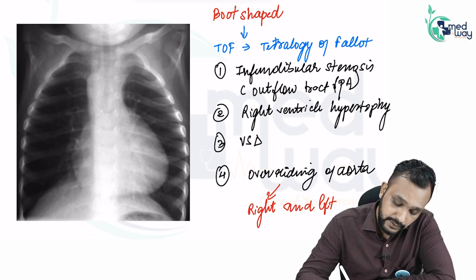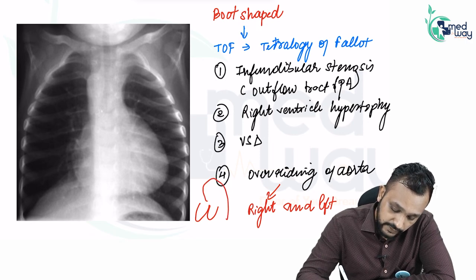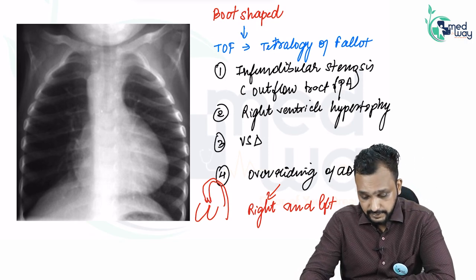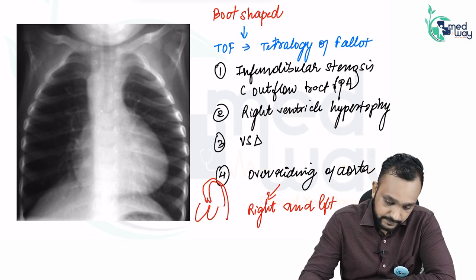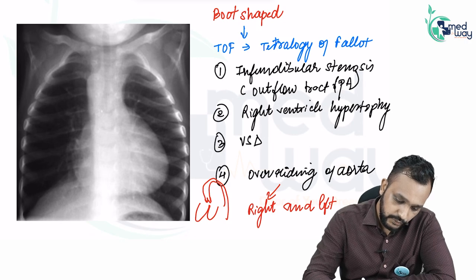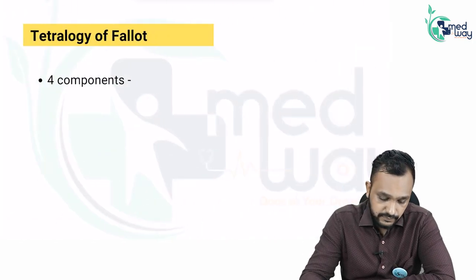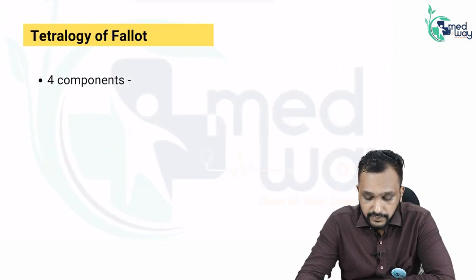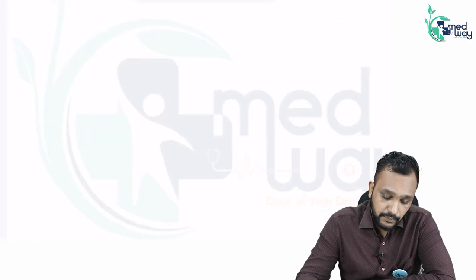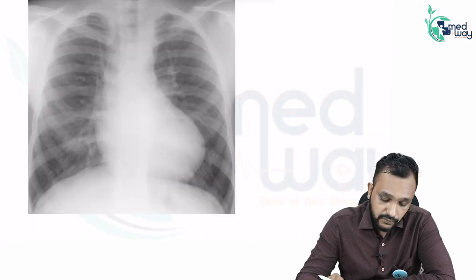So if this is the right ventricle, this is the left ventricle, you will see the aorta will be arising from both the right and left ventricle, right? So this is your boot shaped heart seen in patients with tetralogy of Fallot, right? So we have discussed all the four components of the tetralogy of Fallot.